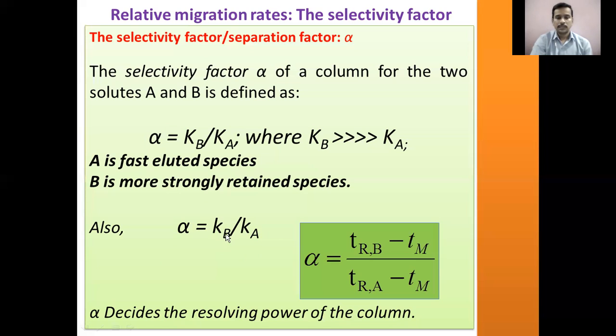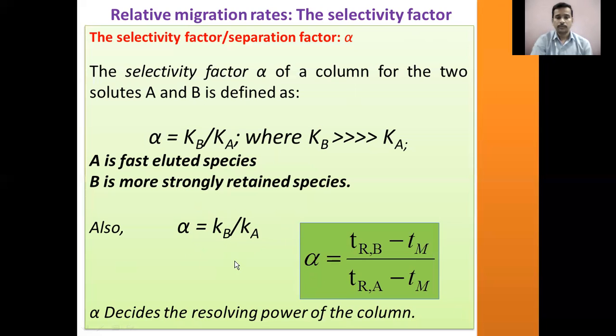Therefore, we know the relative migration of solute B and the migration rate of solute A, and you just substitute; you will get alpha equal to kb divided by ka, and this is also the same expression. Instead of this, we can use it in order to calculate the selectivity factor or separation factor for a pair of solutes when they are subjected to separation by a chromatographic technique.